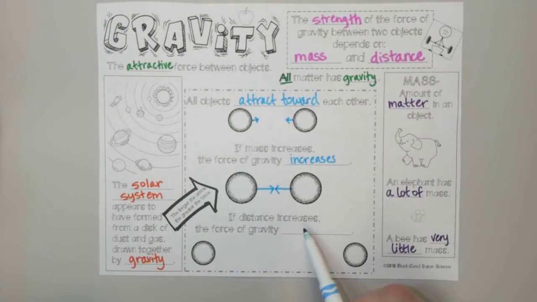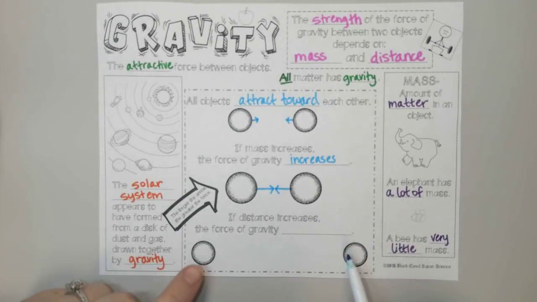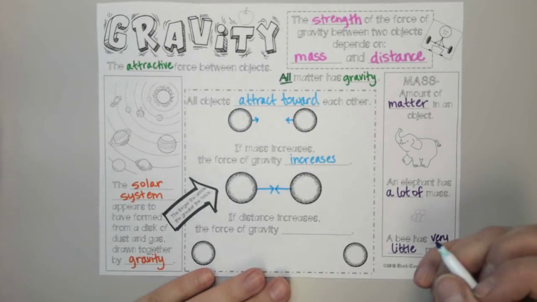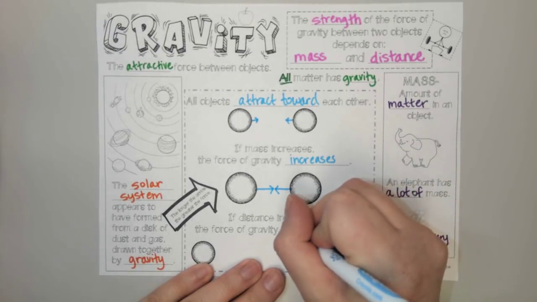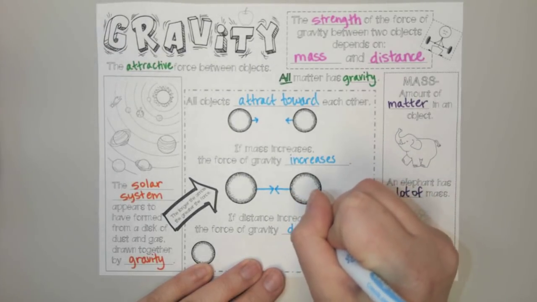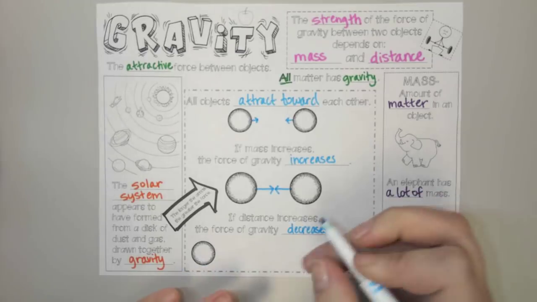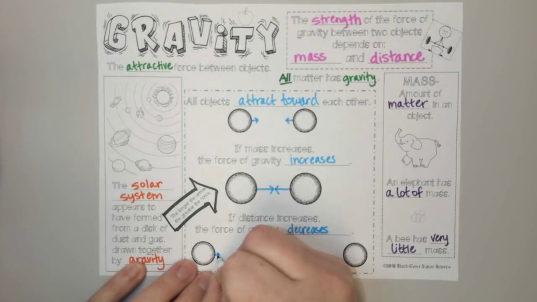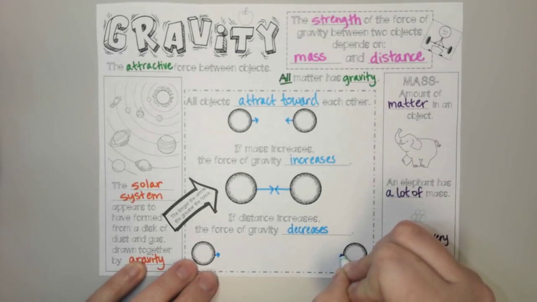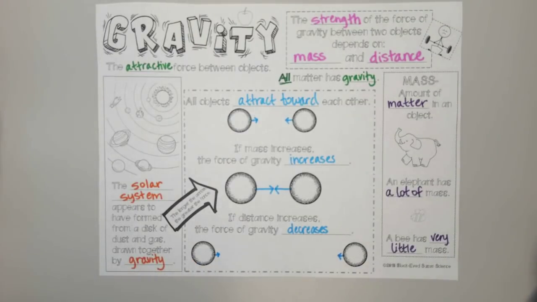If distance increases, so as the objects move farther apart, remember up here they were closer together, now they're farther apart, the force of gravity decreases. So now we would have a very small arrow to represent the force of gravity.